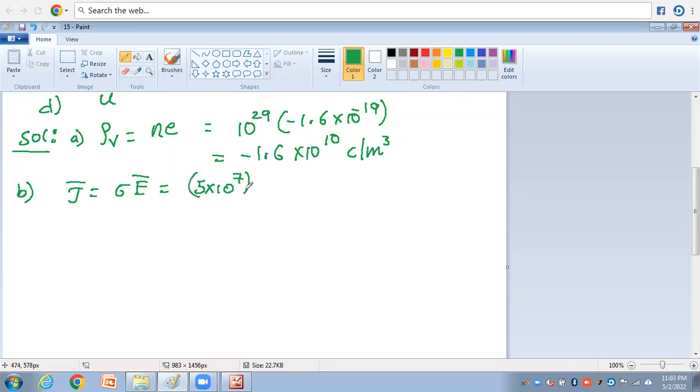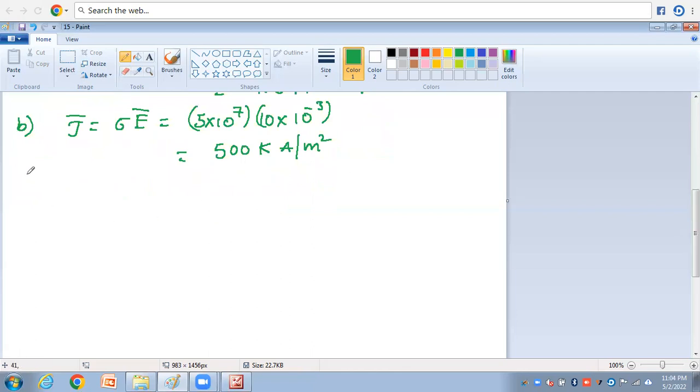E bar is already given by the examiner, so directly I will write this one: 10 into 10 to the power of minus 3. Doing small mathematical part, J bar equals 500 kilo ampere per meter square, because of the density, meter square.